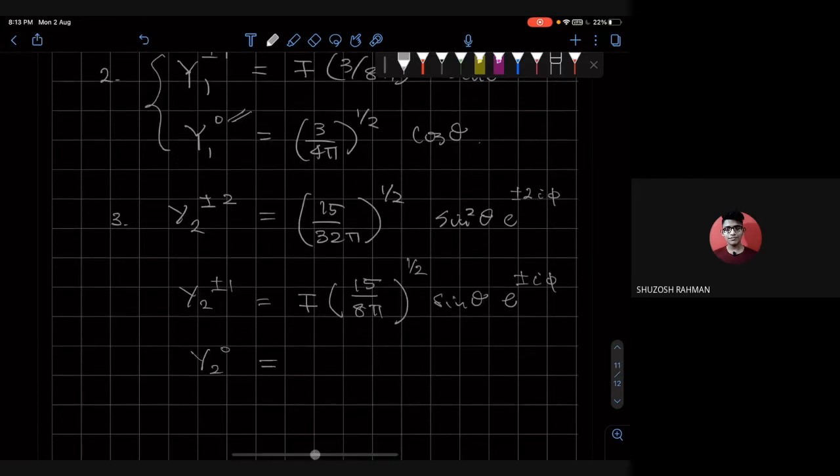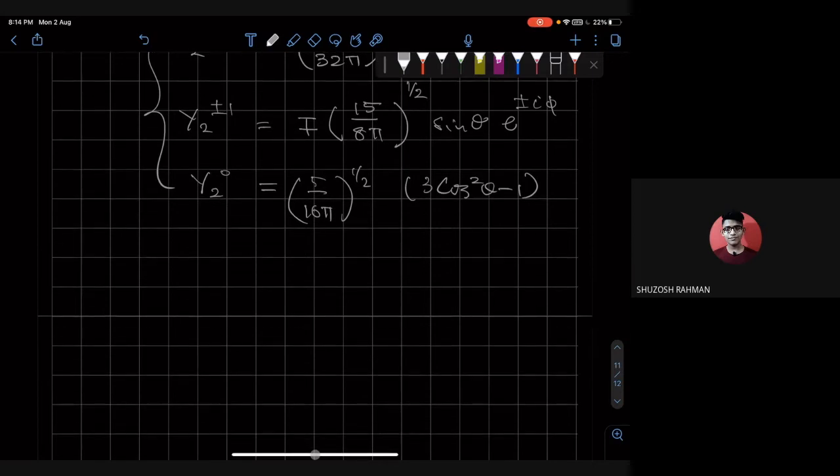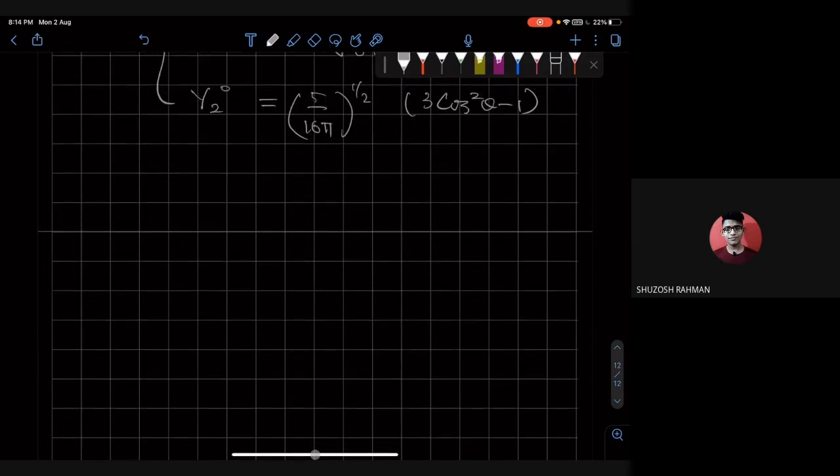So and of course it's not going to have a phi dependence, right? Okay. So this is a set of 5 states. I don't know what, quintet or something. And then in general, the spherical harmonics are given by Y_L^m.